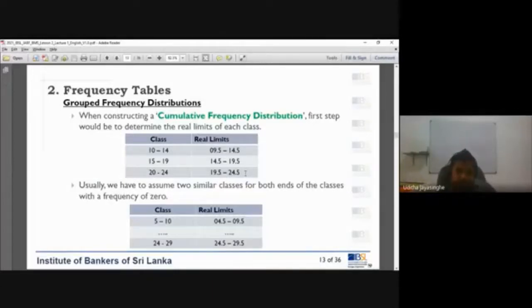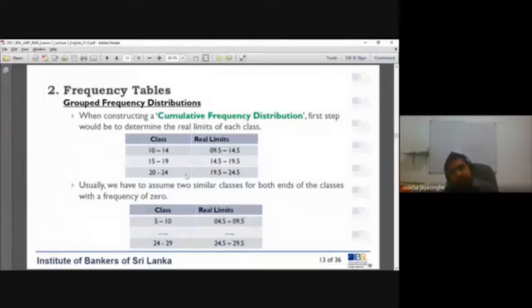But before that, I want to stress that usually we have to assume two similar classes, one at each end, with a frequency of 0. What do I mean by this? From 10 to 14, the real limits are going to be 9.5 to 14.5; that we can guess. But for the values below 10, it's an assumption. There are no items to be observed, but for the completeness of this table, we have to assume a class of similar size at both ends, not only from 5 to 10 but also from 24 to 29.